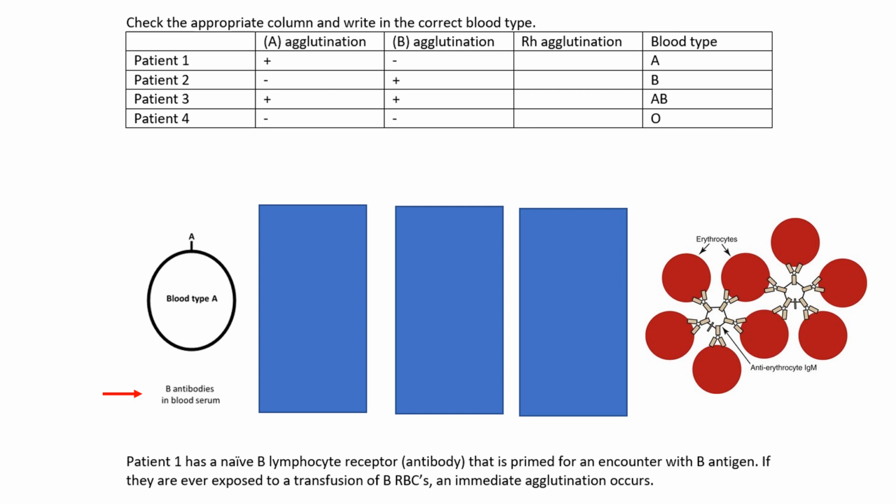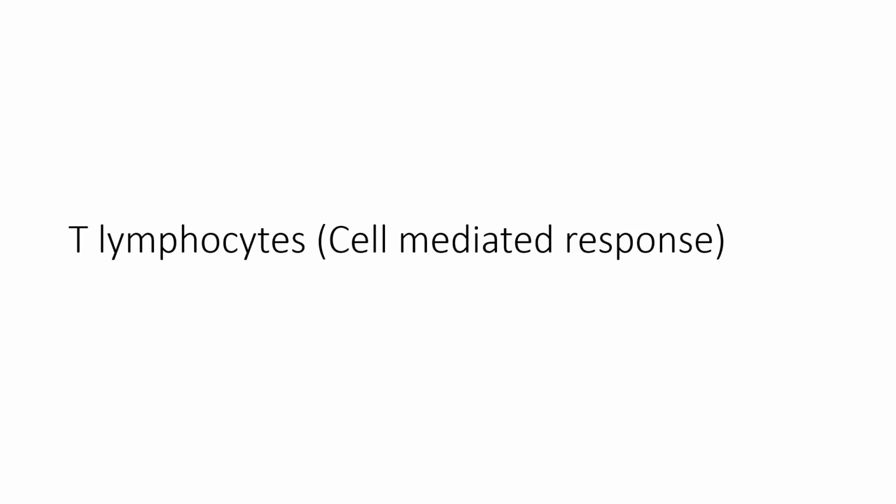So that is how this blood typing experiment relates to the actual lecture that we're discussing, where we're looking at how the humoral response benefits us in reference to our immune system. We will now look at T lymphocytes.